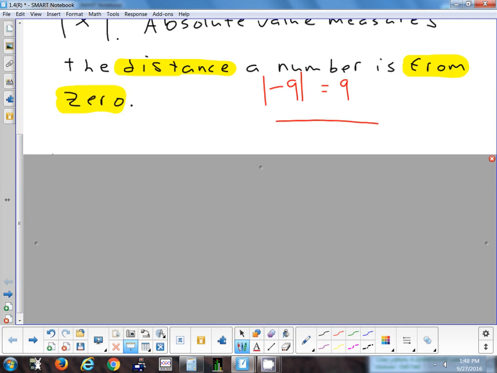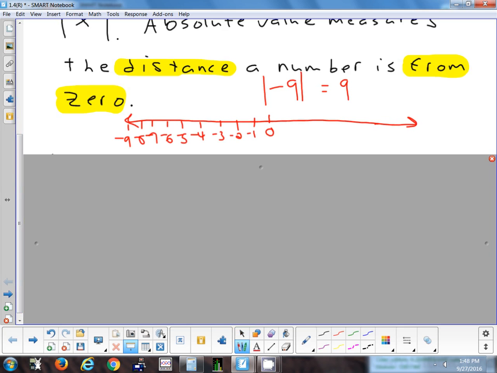If I did a number line, that is my number line, right?